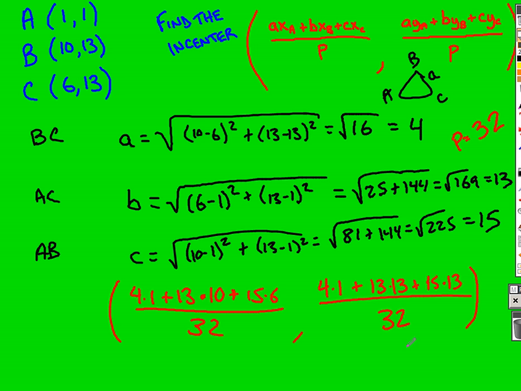So I will plug these into my calculator and do the arithmetic, and I will get my final answer. And when I do that, I should get 7 for my x value, and I should get 11.5 as my y value. So that's how you find the incenter.